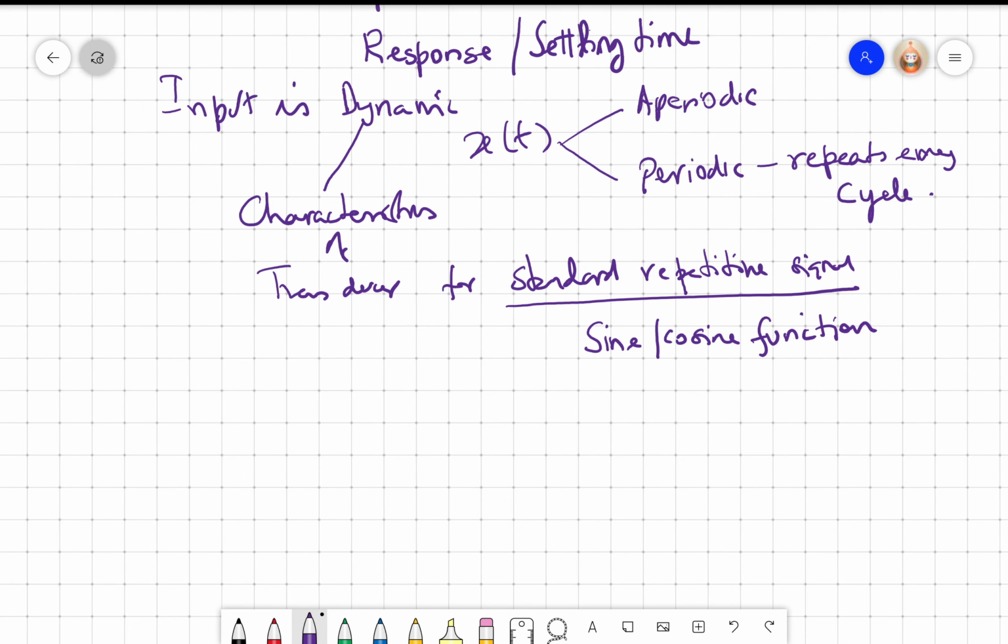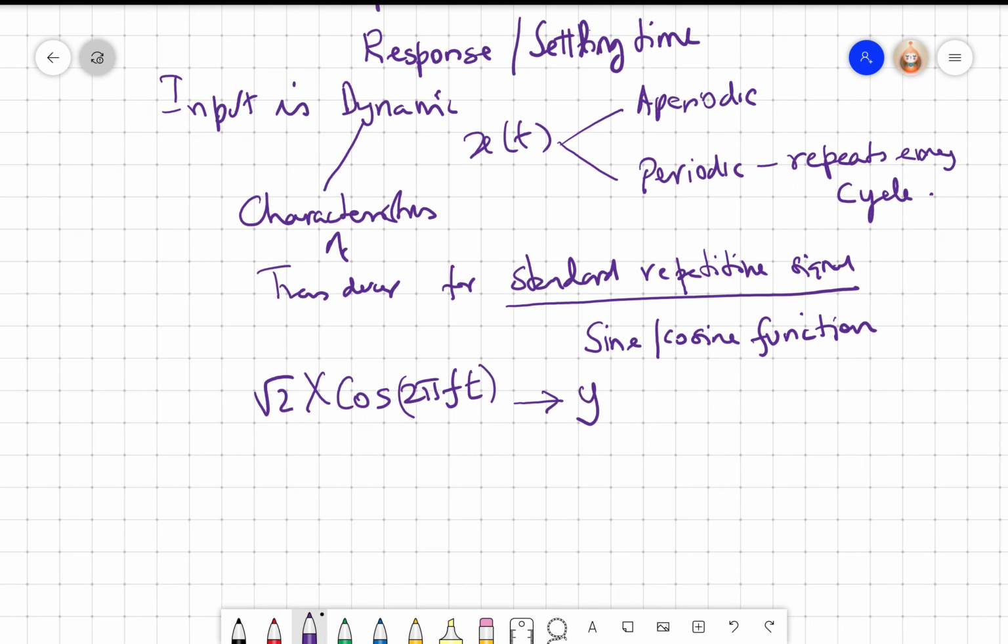So what we do is give the input as a sinusoidal function, let's say root 2 x cos 2 pi f t. It could be temperature, it could be pressure, it doesn't matter, whatever the input is, and then we find out y.